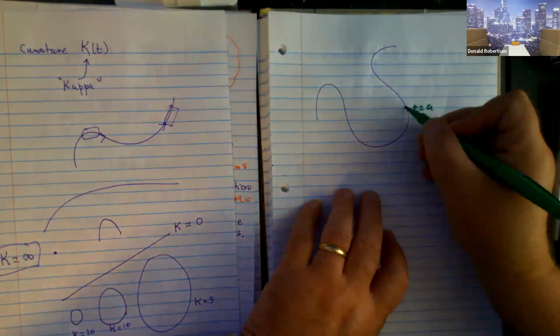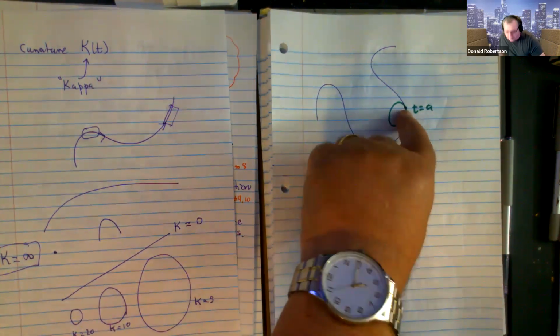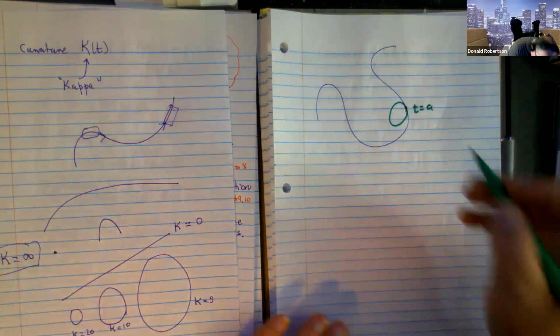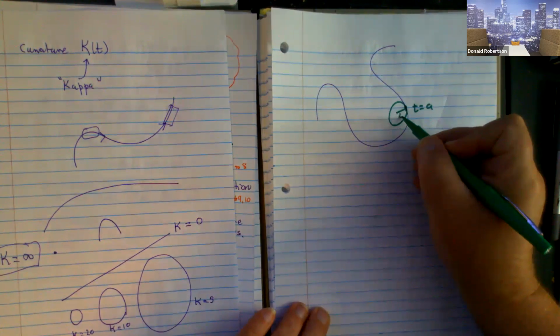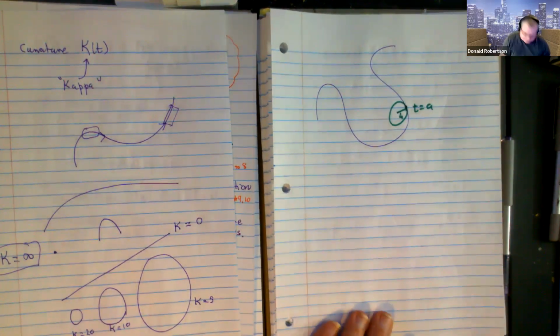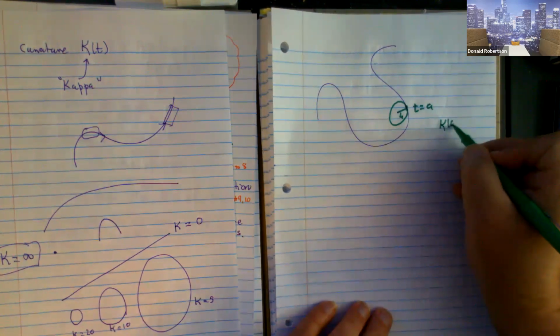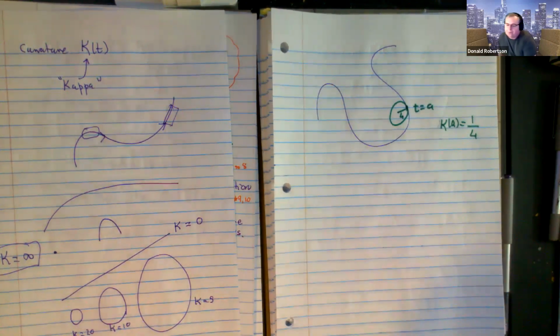Can you imagine there might be a circle like that at that point, where its curvature and the circle's curvature would be the same, right? We both curve the same. You then calculate the radius of that circle. Let's say the radius was 4 units. Kappa, the curvature at that point a, is 1 over the radius. It would be a quarter.